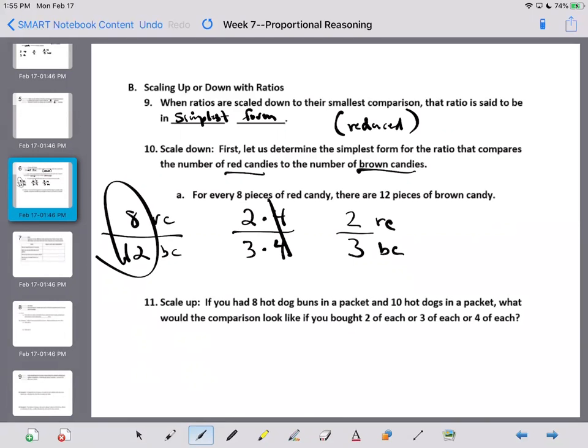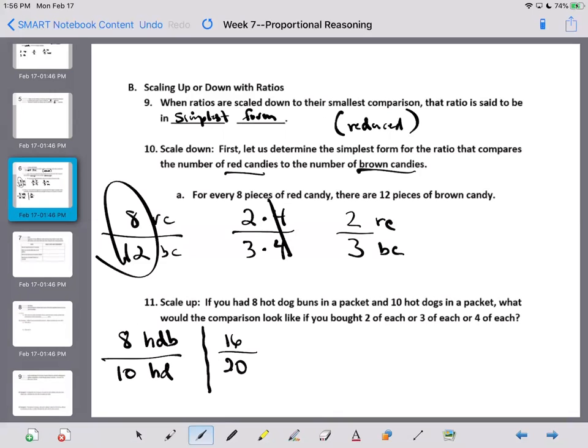They're just equivalent fractions. It's as if, on number 11, you had 8 hot dog buns and 10 hot dogs. What would that comparison look like if you bought 2 of each? Now that would look like 16 hot dog buns to 20 hot dogs.